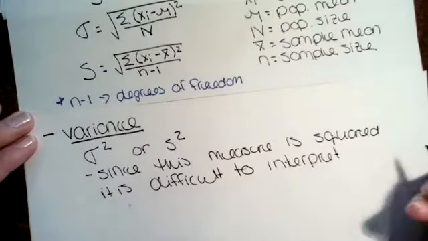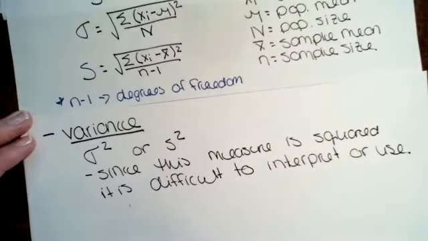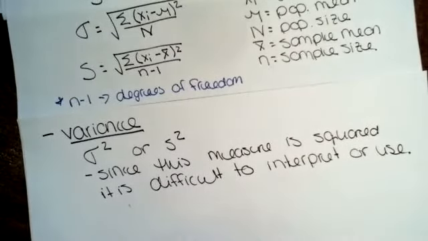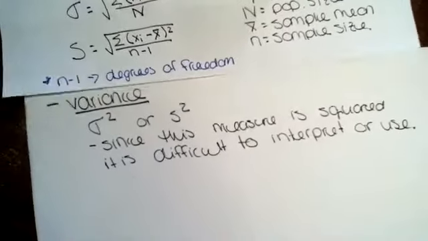Or I'll put, just use. It's just difficult to use. Okay. All right, so let's take a look at an example, and hopefully we can get a better idea of what's going on with standard deviation.